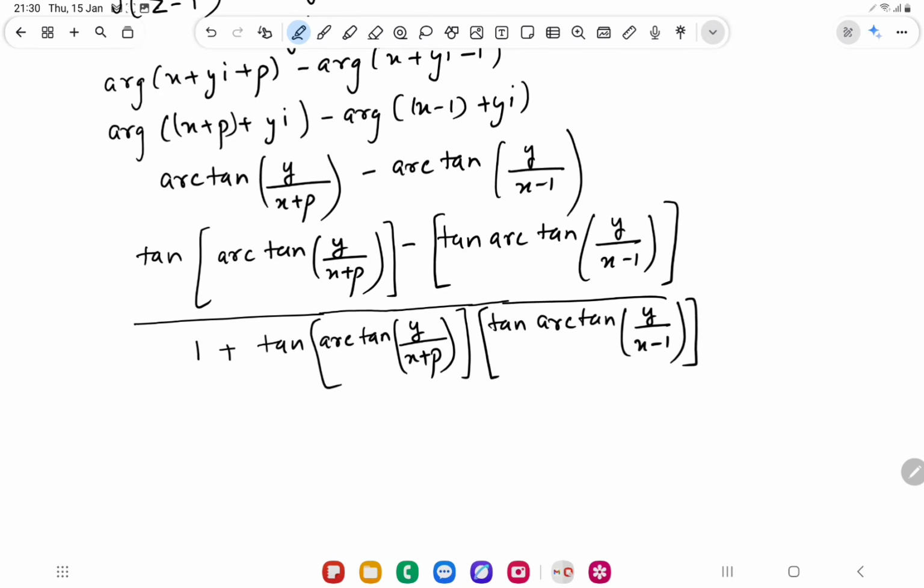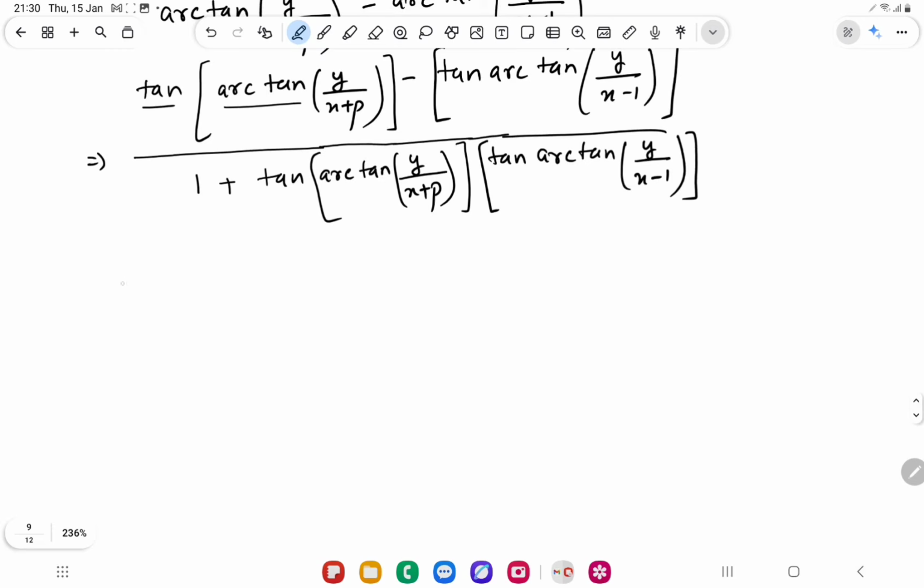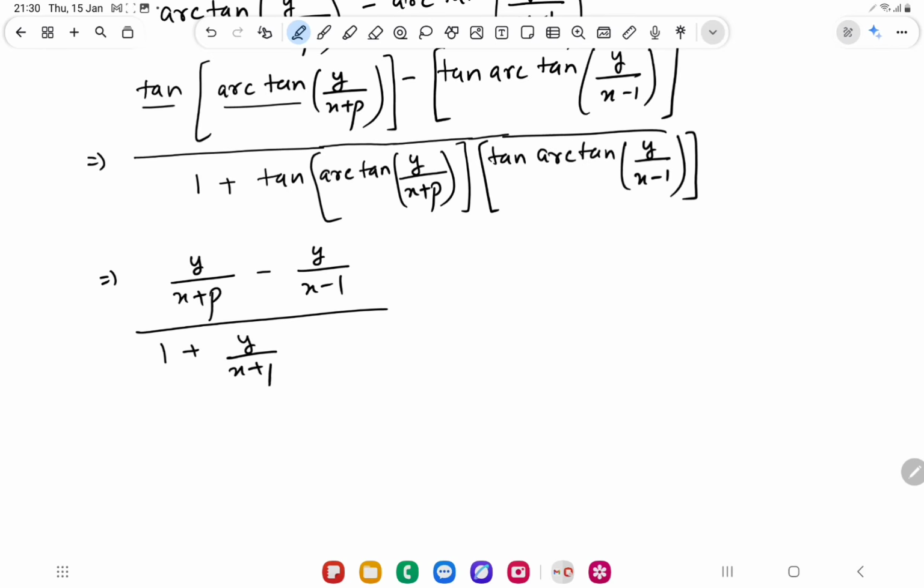So now, since there is tan in arctan, I can further simplify this and write it as y upon x plus p minus y upon x minus 1, whole divided by 1 plus y upon x plus p multiplied by y upon x minus 1.